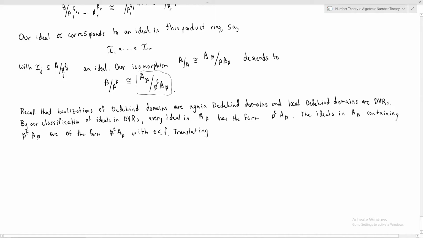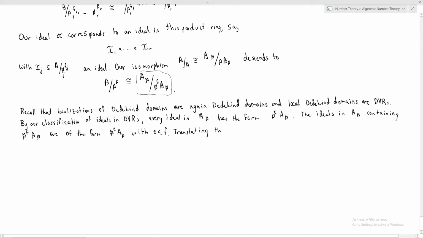And I realize I could be a bit more careful here, but if this is ambiguous to you, then it would be a useful exercise to write down these isomorphisms and expand exactly what I mean by translating here.